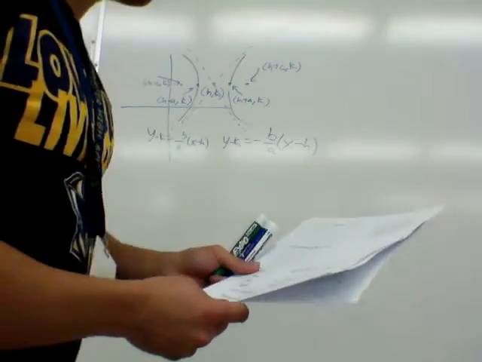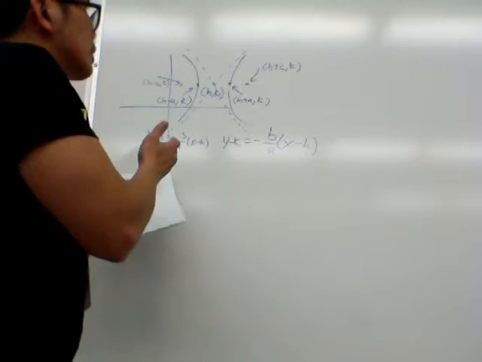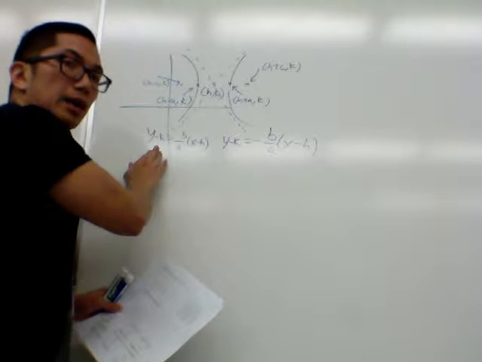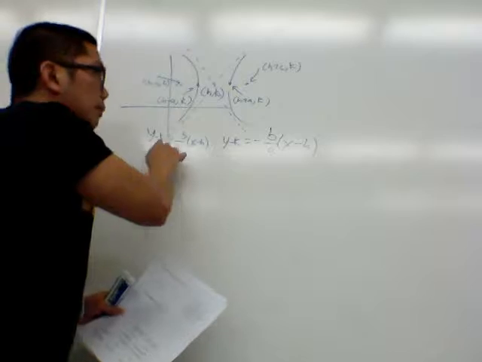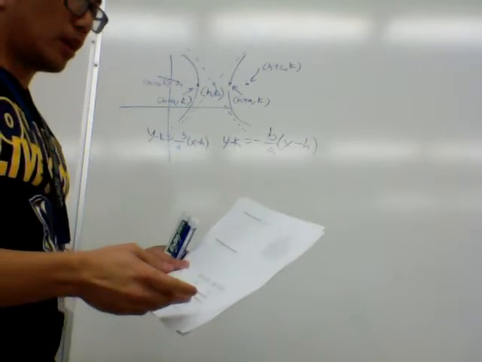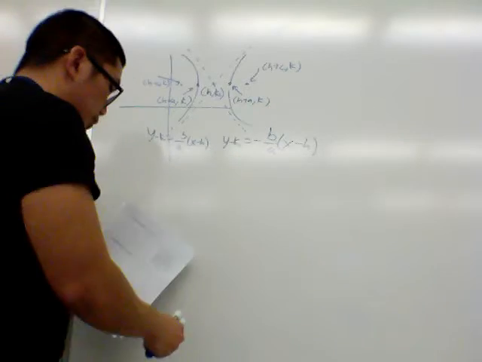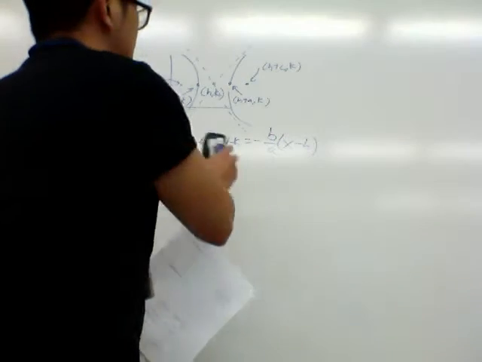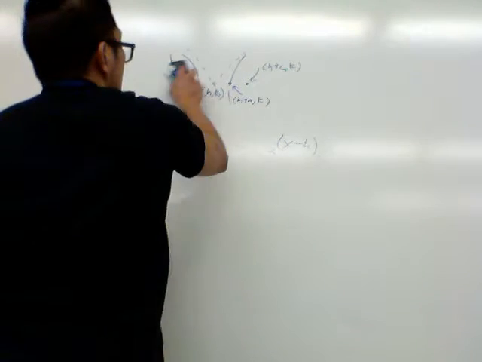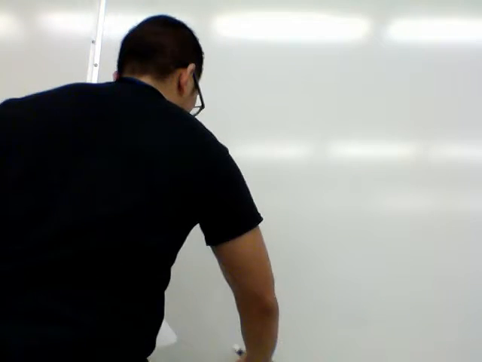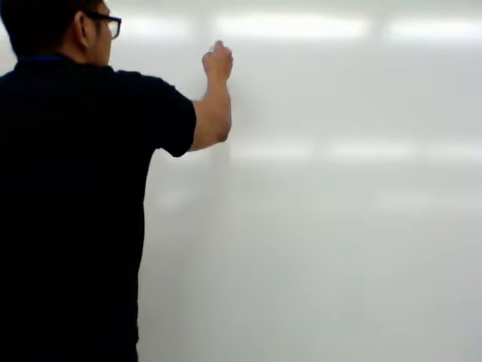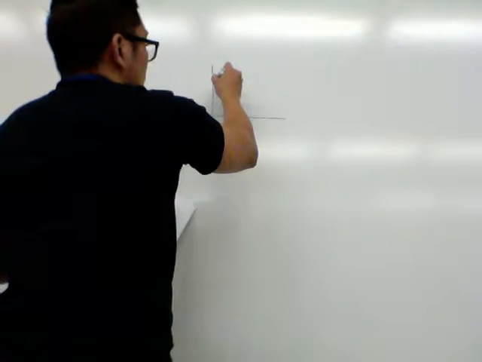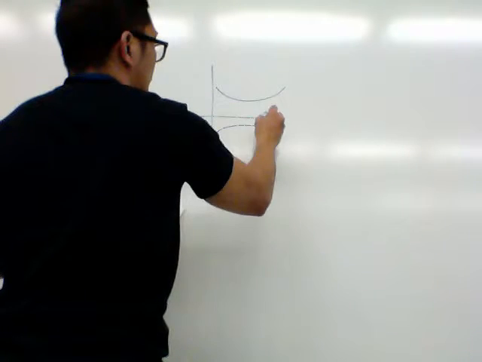So, as you can see, nothing really changes from having the hyperbola centered at the origin. All you really do is the same thing we did with the parabola and ellipse: it becomes y minus k, x minus h. The second drawing, you could draw on the right side so that it matches with the right column. Here is your axis, but now your hyperbola will go like this, and it's not centered at the origin.